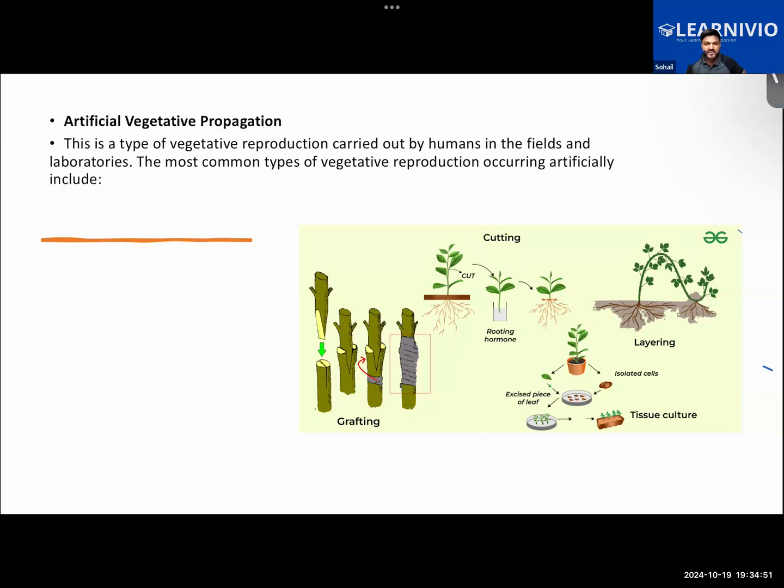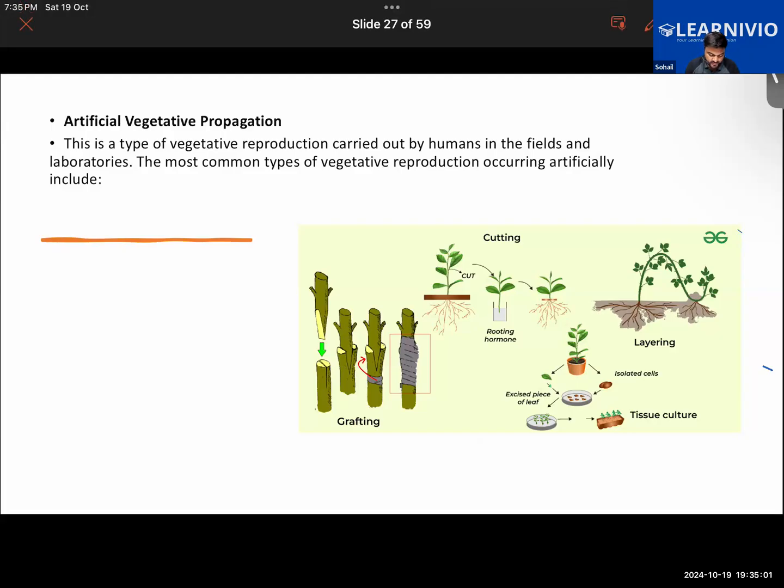So far in the class, we have learned about different natural methods of vegetative propagation in which there is no intervention of humans. There is no role of human to play in that. Today, we are going to learn about artificial vegetative propagation, which will be carried out by we humans. Either it will be done in the agricultural fields, or some of them will be done in the laboratories.